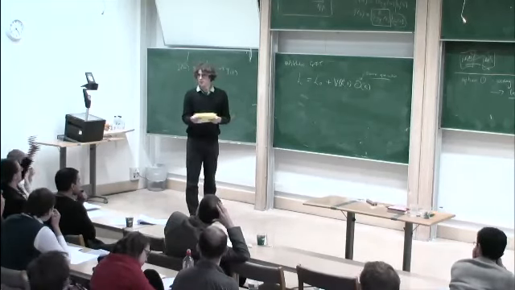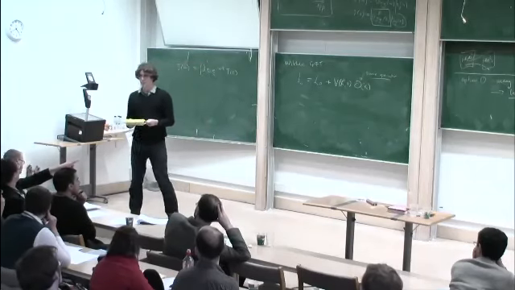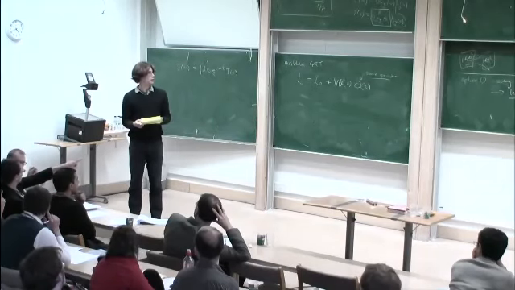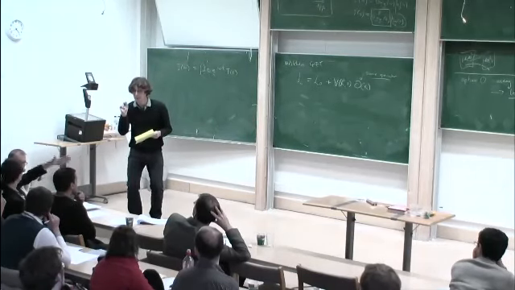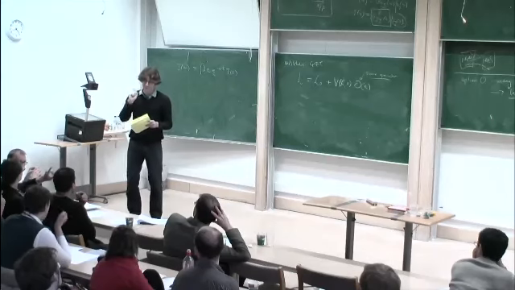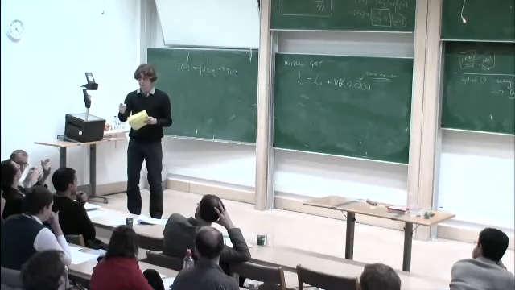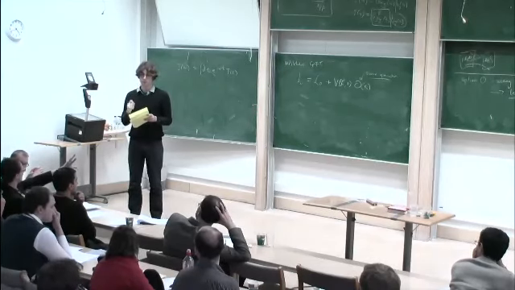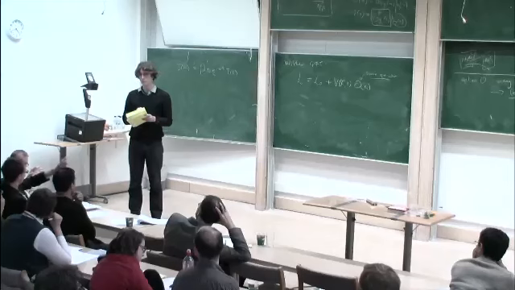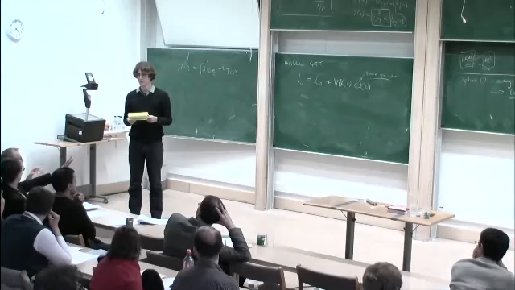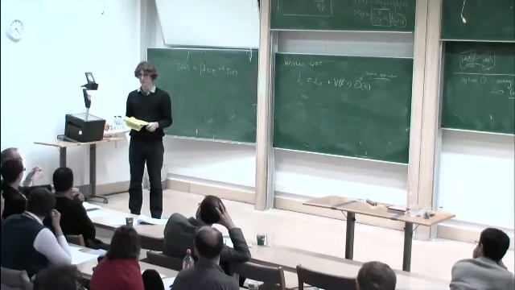Can I make a comment? We added a relevant operator. But if you add a relevant operator that's spatially varying, in the IR it has to be irrelevant. It was relevant in the UV, but it's irrelevant in the IR. Usually if you add a relevant operator in the UV, it screws up your IR.